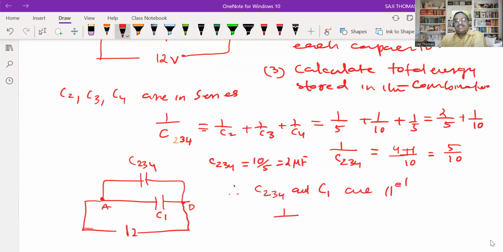So what is the equivalent capacitance? We can write C equivalent for C1, 2, 3, 4, the total capacitance. In parallel, as you know, capacitances add up. C equivalent is C2,3,4 plus C1. What is C2,3,4? 2 microfarad plus C1. What is C1?